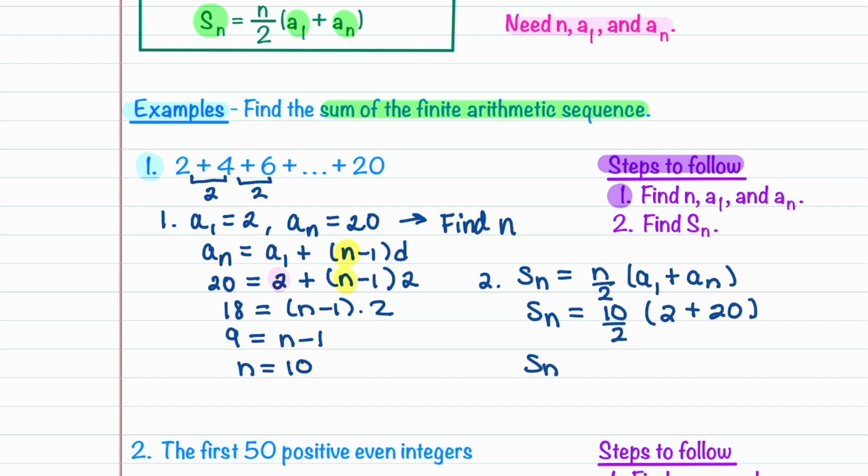So S sub n is equal to 5 times 22. That's just 20 times 5, which is 100, plus 2 times 5 is 10. So we get an answer of 110. The sum of this finite arithmetic sequence is equal to 110.